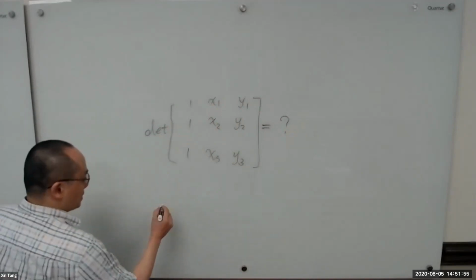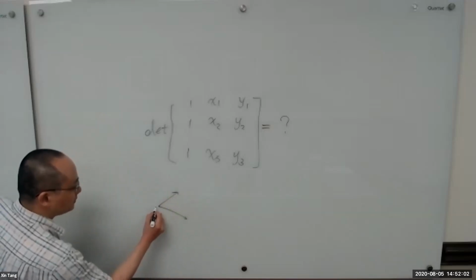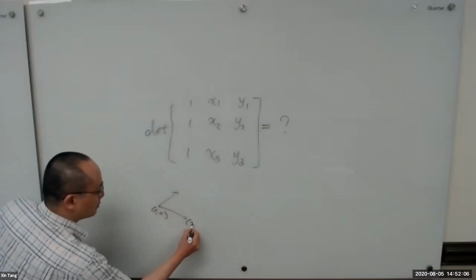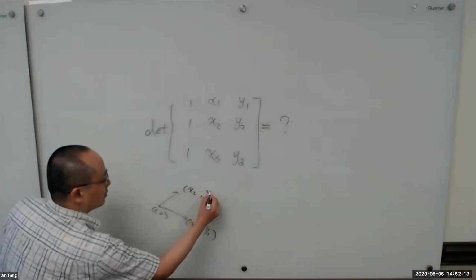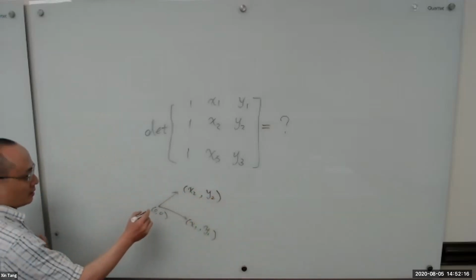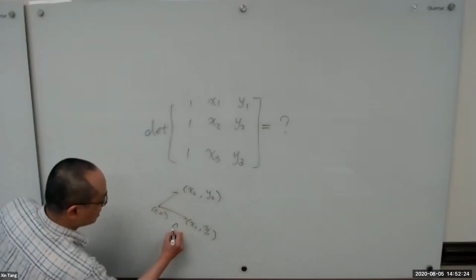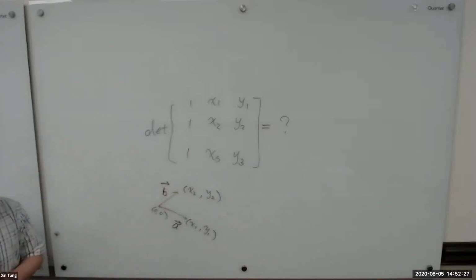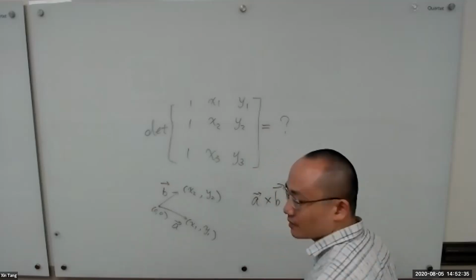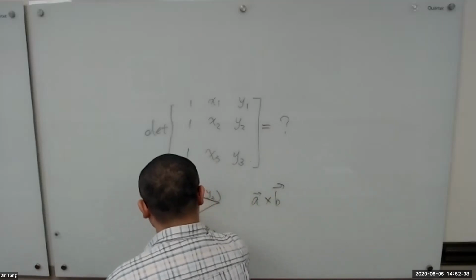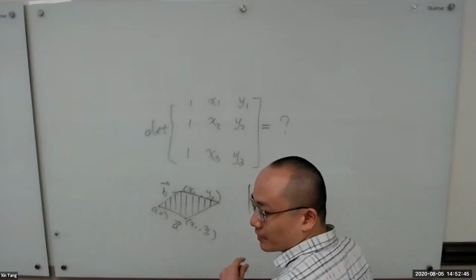Remember, if you have two vectors starting at the origin, with coordinates x1, y1 and x2, y2, this is vector A and vector B. If you do the cross product, A vector times B vector, that will give you the area of this, if you take the magnitude.